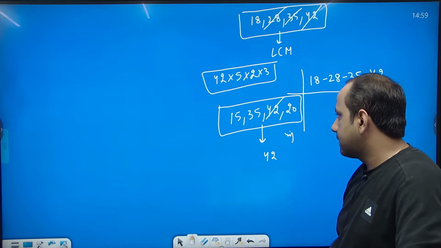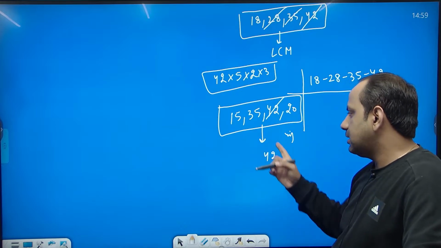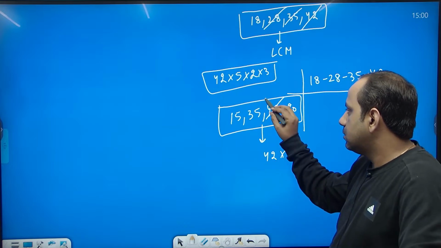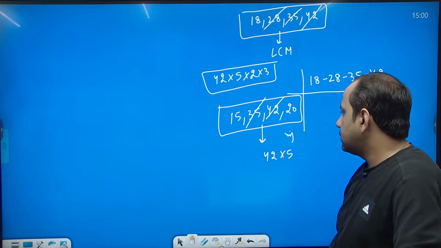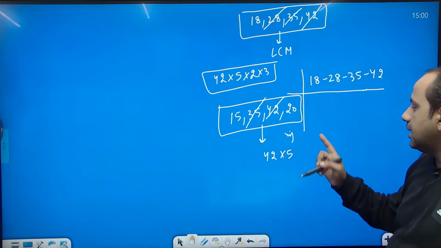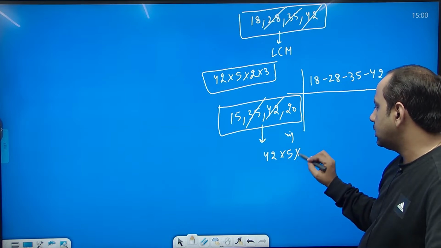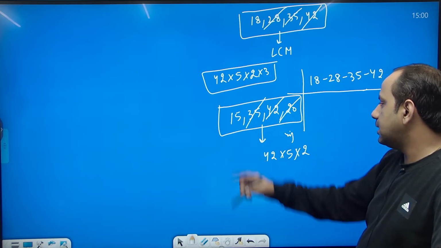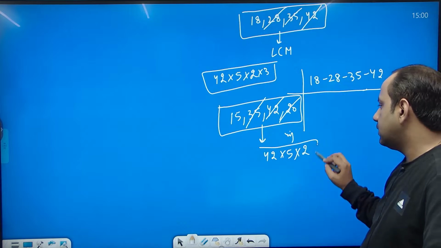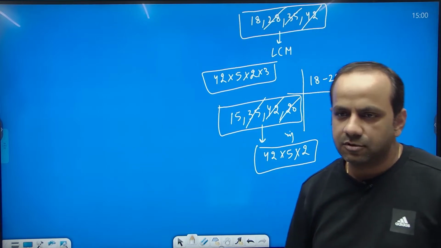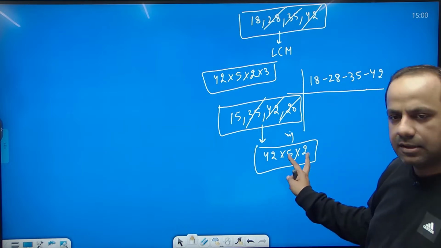After this, for 35, the 7 has come, we need 5 here. After this, for 20, I need one 5, which has come. 2 times 2 is needed, one 2 extra needed. For 15 I need 3 and 5. So that's it. 420 is the LCM. It takes less time in this.